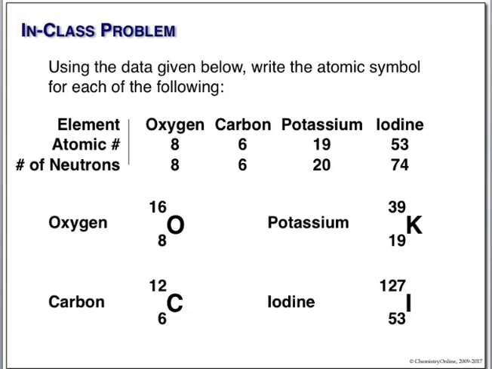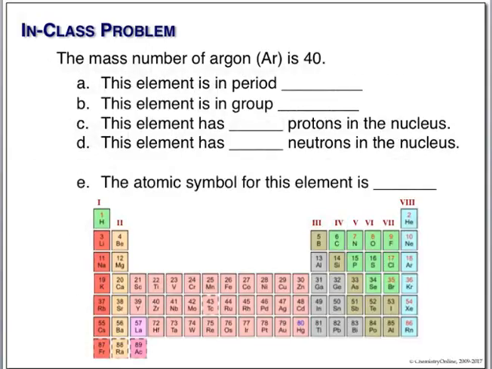Now this has appeared in many different forms on exams over the years. Let's look at one particular format. Mass number of argon is 40. Argon's here. It's also here. This element is in what period?